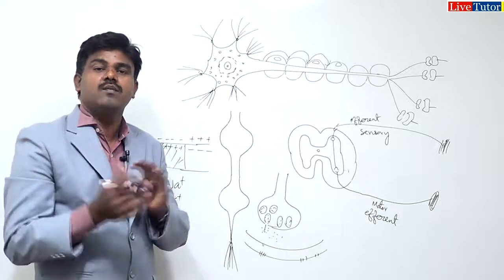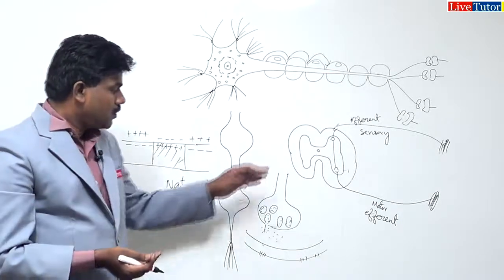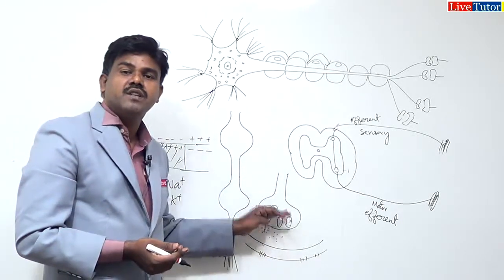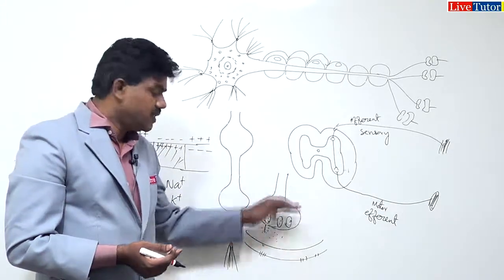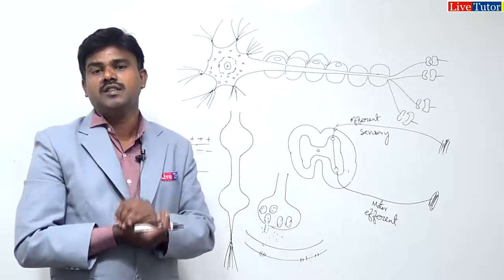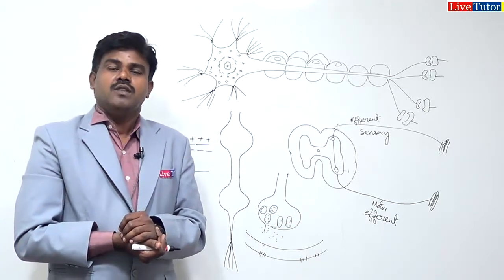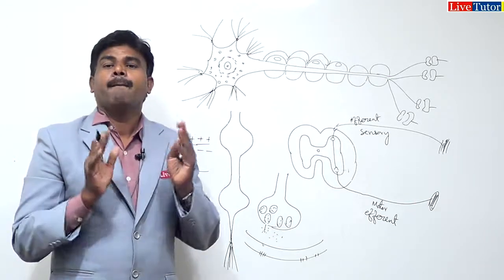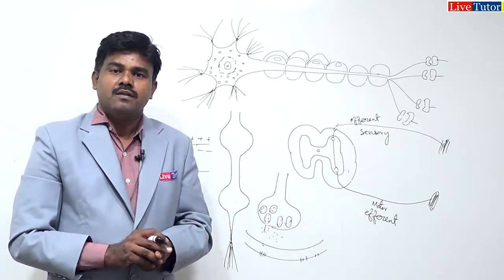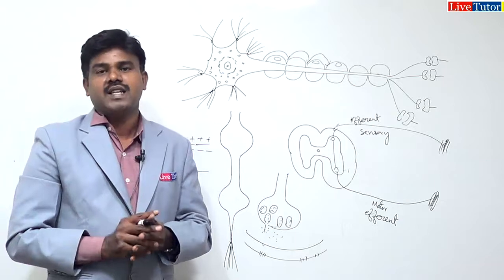So this is how nerve impulses are transmitted from one neuron to another neuron. This is the process of the conduction of nerve impulses. Now we have studied a part of the lesson on nervous coordination. We will see it in detail in the next class. Thank you.